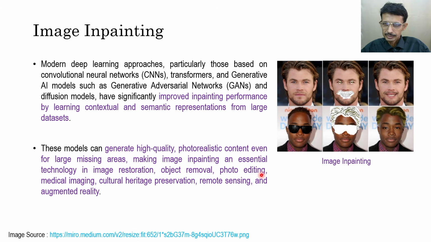That is very important. These models can generate high quality photorealistic content even for large missing areas, making image inpainting an essential technology in image restoration, object removal, photo editing, medical imaging, cultural heritage preservation, and augmented reality. So this is the way generative AI helps in image inpainting.